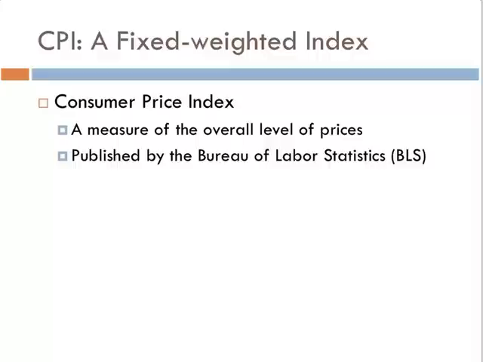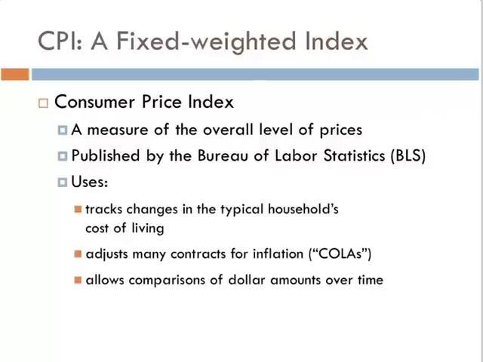One major component of a price index is, what goods prices do we include in the index? The CPI includes a measure of price levels of a typical consumer's basket of goods. So on average, what does a consumer buy? It's published by the Bureau of Labor Statistics, and it has a lot of uses.